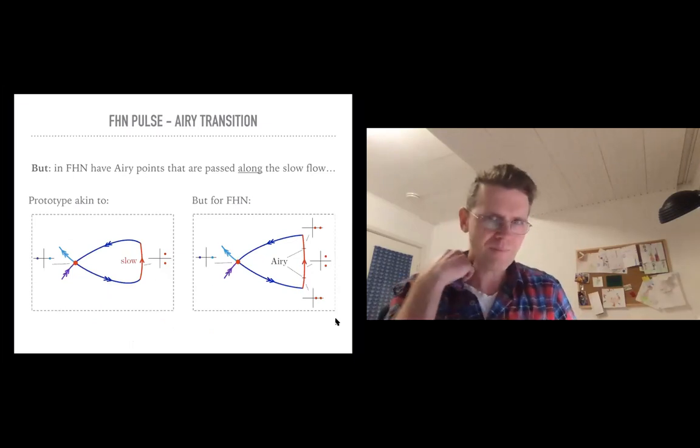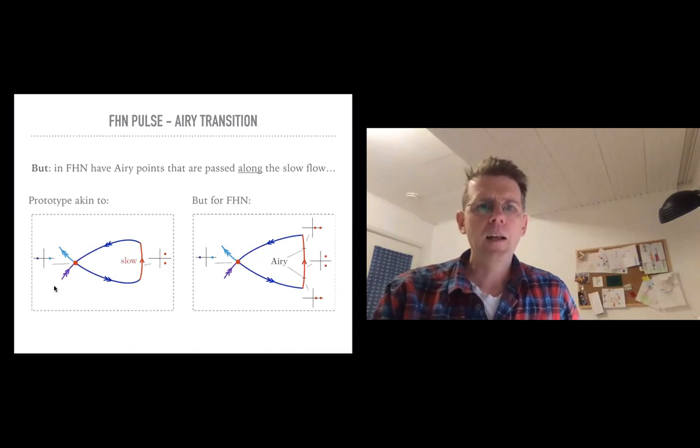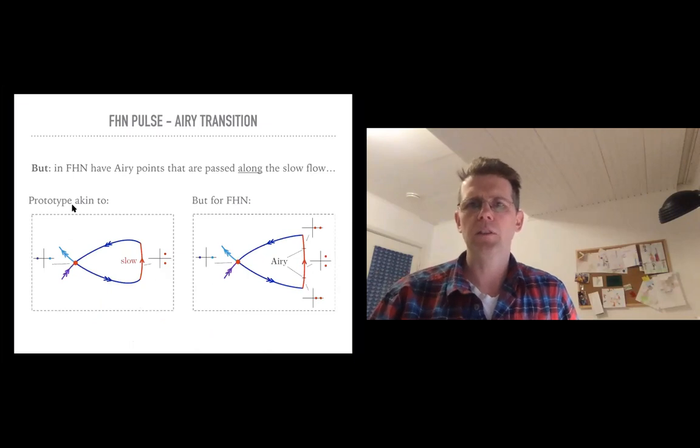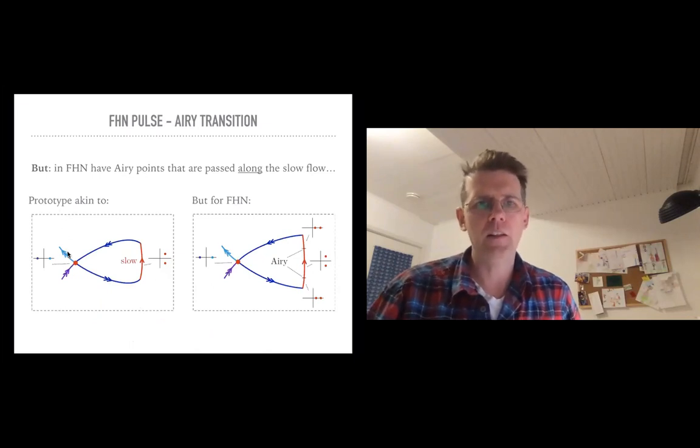So in FitzHugh-Nagumo, the situation is a little bit more complicated. I'll try to explain it by coming back to this prototype, the second order equation with slowly varying coefficients. If this were as I explained there, then the scenario in FitzHugh-Nagumo would look like this. I have a fast jump from the background state.